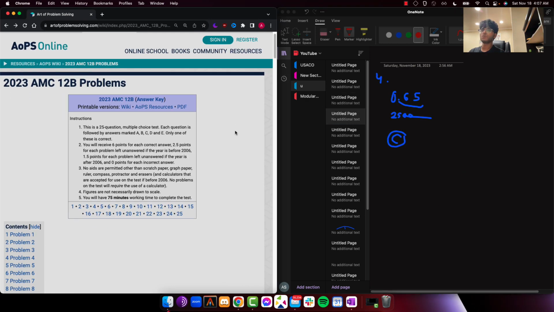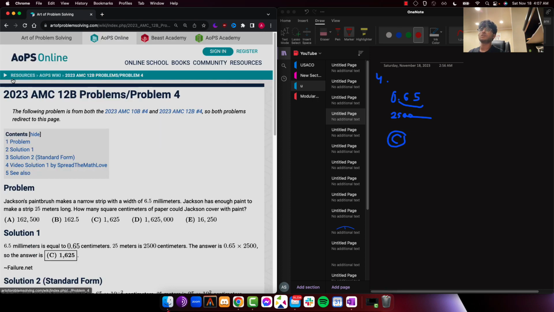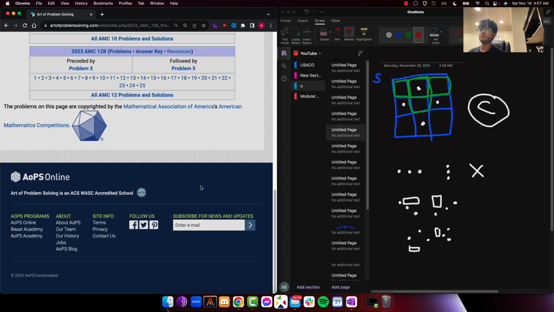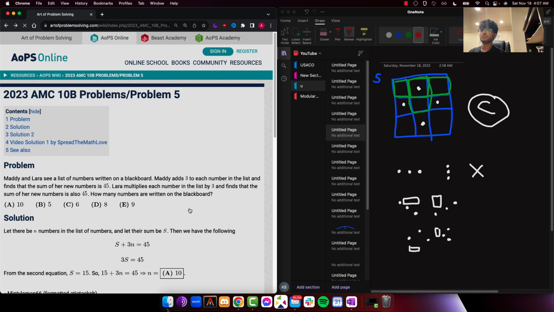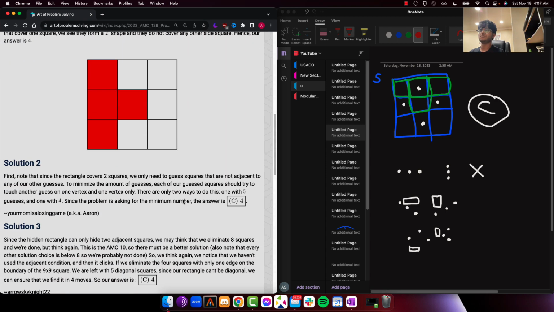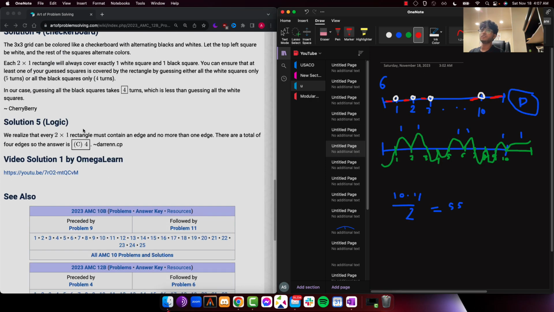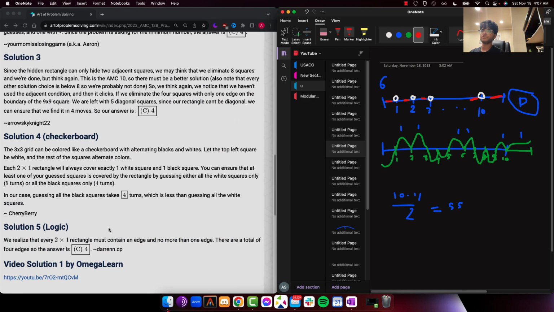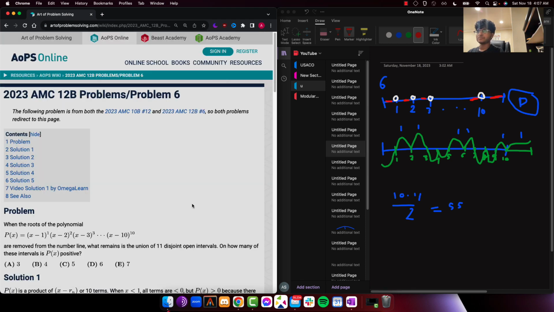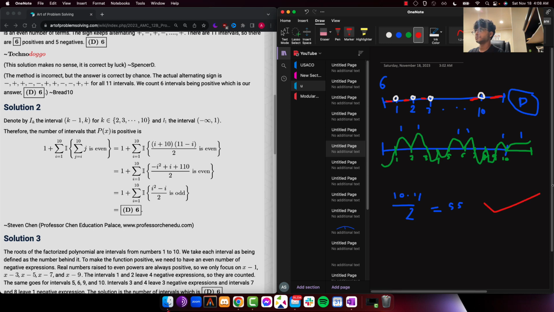Cool. 4 was C. Actually, maybe it is faster to use these. Oh, this is 10B, it should be 12B. 5 was 4, okay, so C. 6. We already saw 6 was D. Okay, 6 is D, right, yeah, cool.